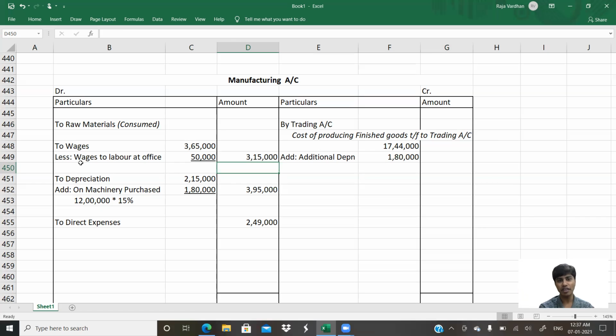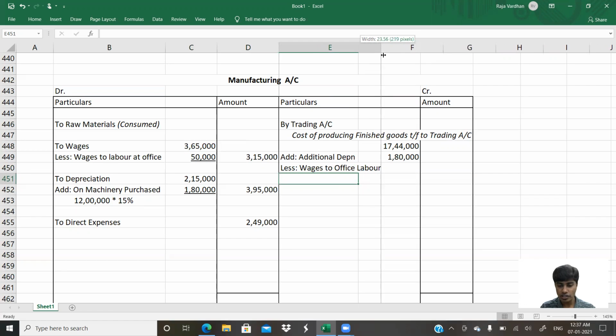So now I had wrongly written 3,65,000 as my wages. When I wrote 3,65,000, my cost of production had wrongly gone up. Now I would have to reduce it. So what I'll do, less wages to office labor. Why am I deducting?